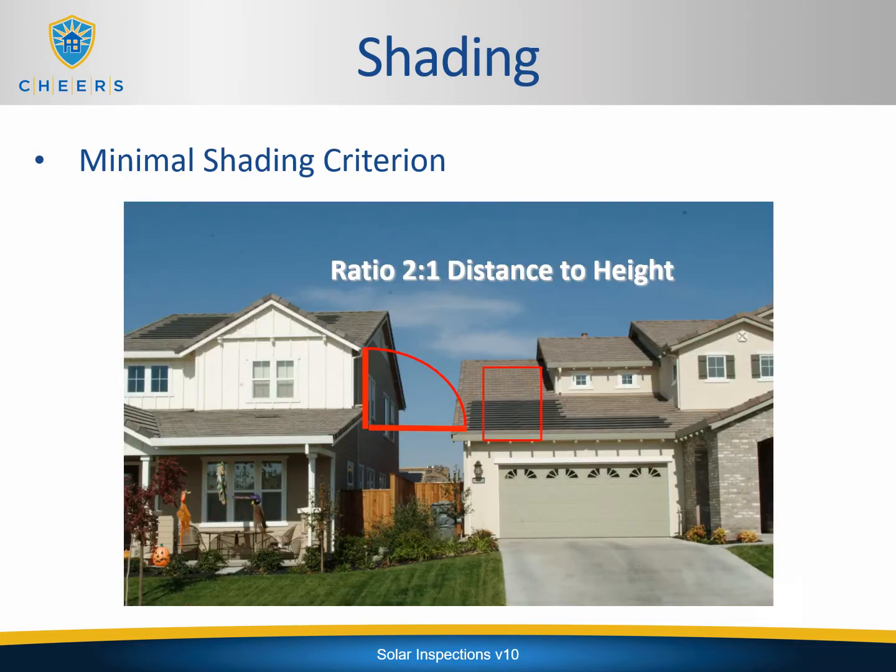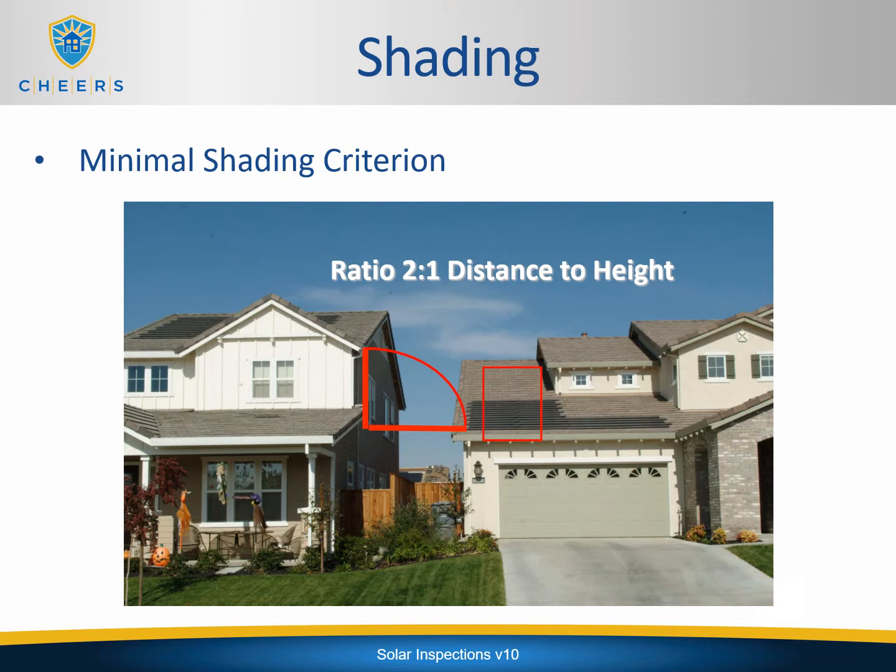In this example, the neighboring residence is the obstruction that we'll be verifying. You will want to measure from the lowest corner of the array, since it is on basically the first story roof, right over the garage there. You're going to measure across and over to the neighboring dwelling.